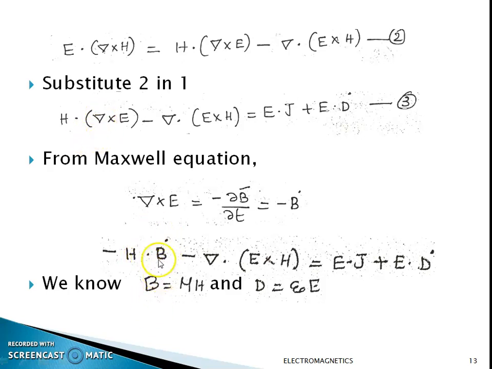This equation is becoming minus del dot E cross H is equal to E dot J plus E dot D dash. We know B can be written as mu into H and D is equal to epsilon E.